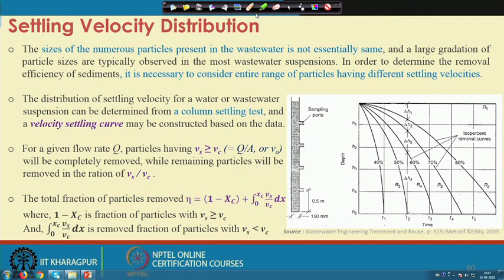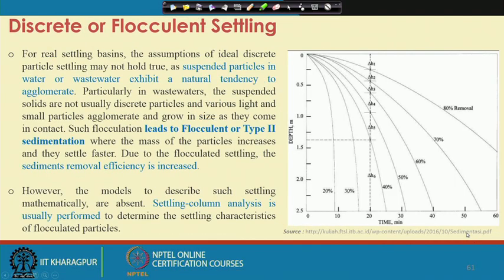Now, this concept is practically very useful in terms of wastewater, because in wastewater it is not always discrete settling or ideal discrete settling. So, for real settling basins the assumption of ideal discrete particle settling often does not hold true. That is because of the suspended particles in water, and wastewater generally exhibits a natural tendency to agglomerate.